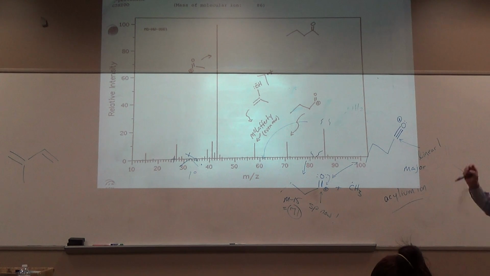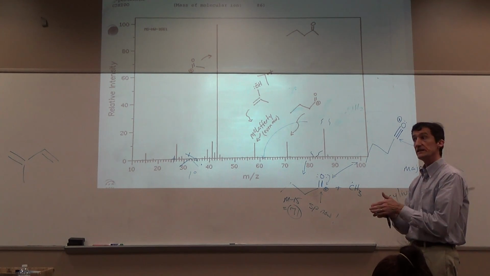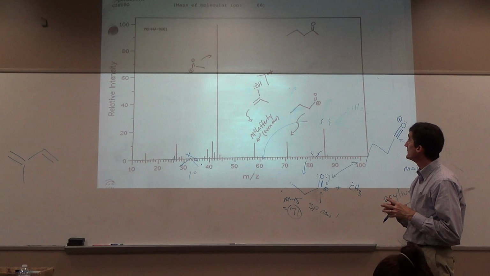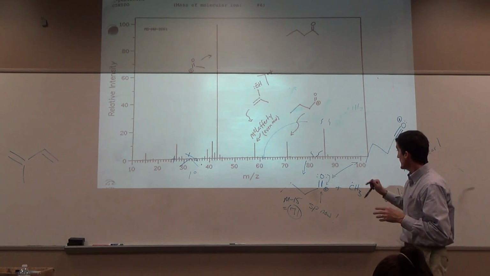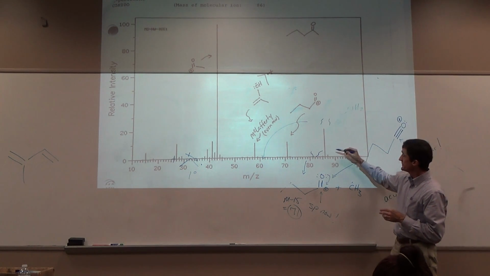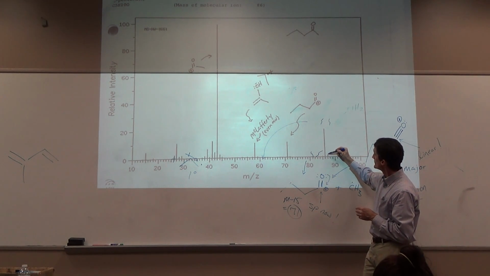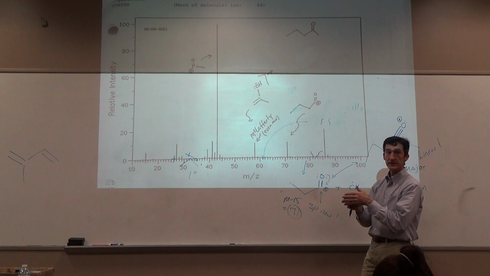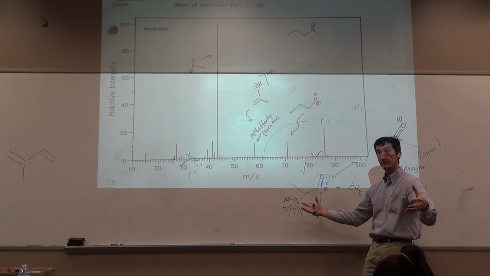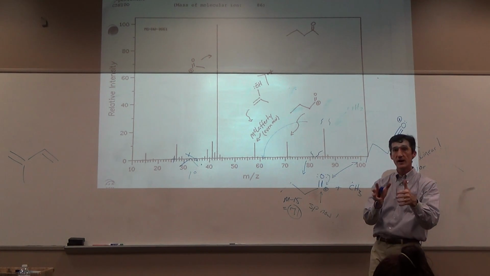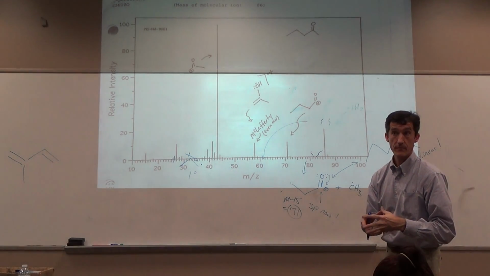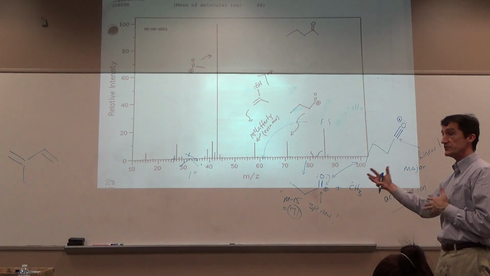It is a cleavage, but the molecular ion is a radical cation. And usually when we cleave, we get a radical and a cation. They separate. In the McLafferty, your product is still a radical cation. And what you cleave is a neutral molecule.